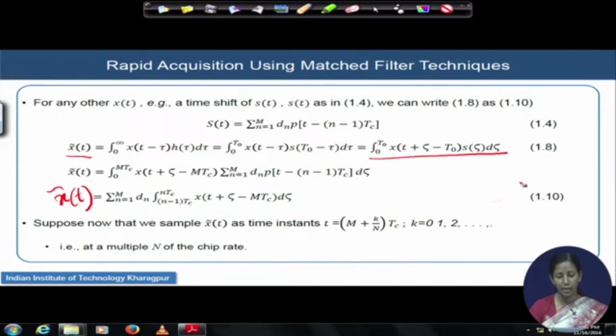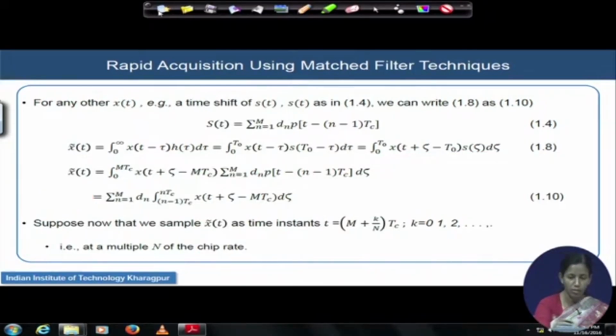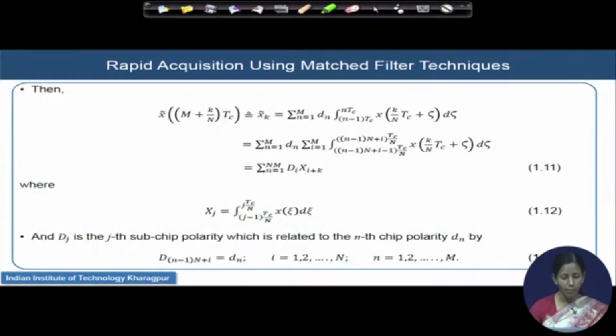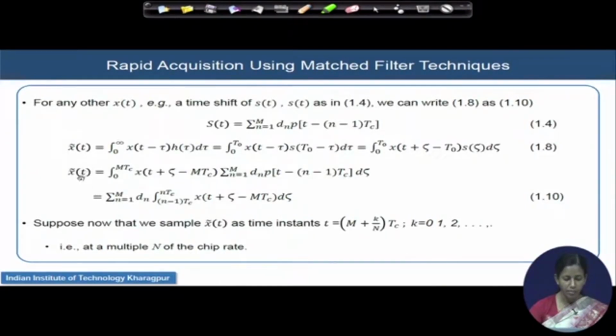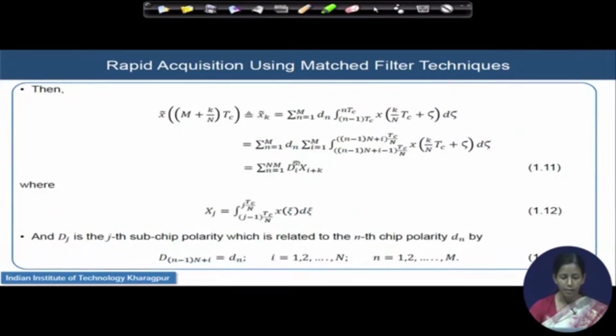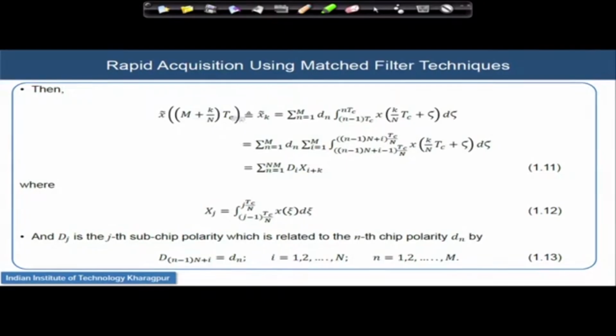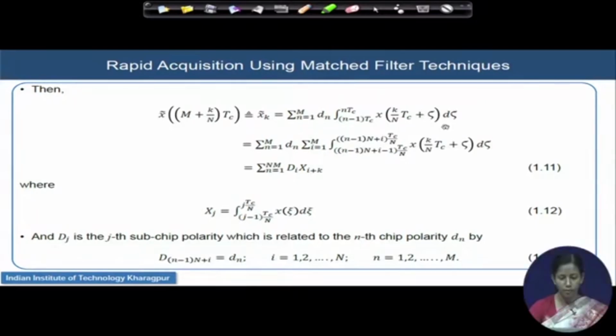If I keep increasing k, I am increasing the sampling instant in multiples of the chip rate. Then I substitute small t by (m plus k by N) into Tc everywhere. That is the only change, and the left side x delta (m plus k by N) into Tc can be approximately called x delta k, and m Tc minus m Tc is gone.